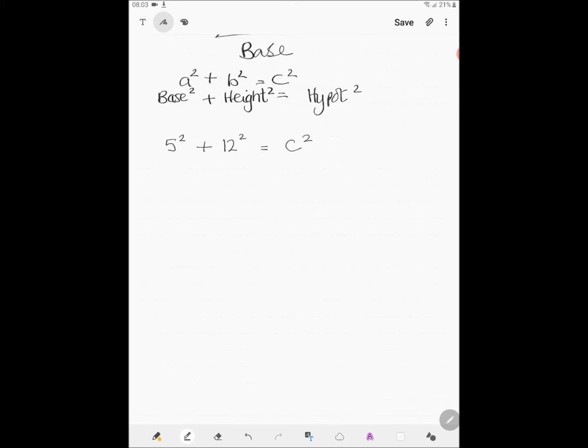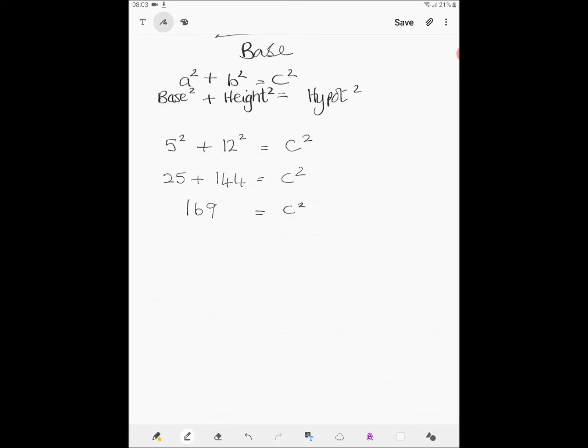So 5 times itself, 5 squared, is 25, plus 12 squared, which is 144, equals C squared. Now, if I add that up correctly, that is going to give me 169. So 169 is C squared, but I don't want C squared. What I want is the number that was multiplied by itself to get to 169.